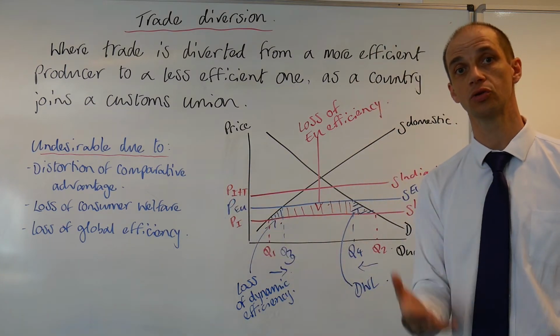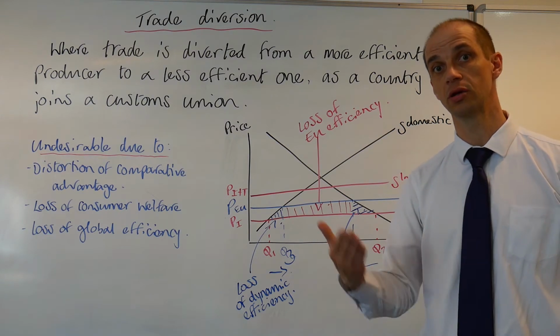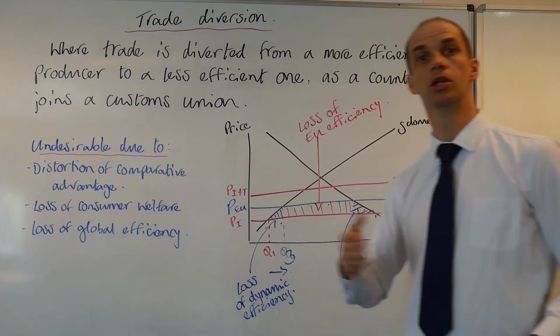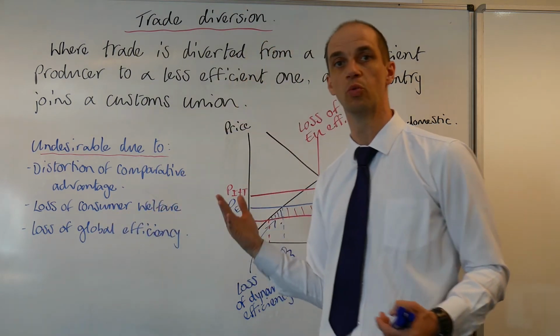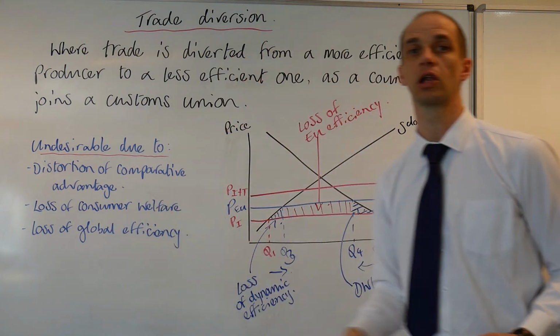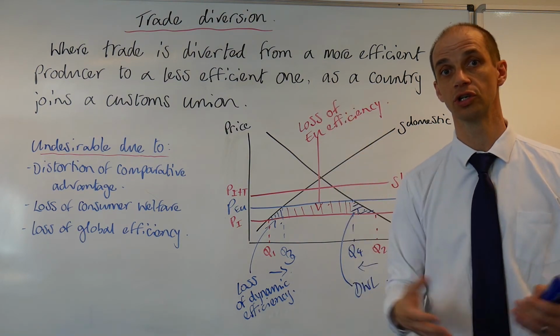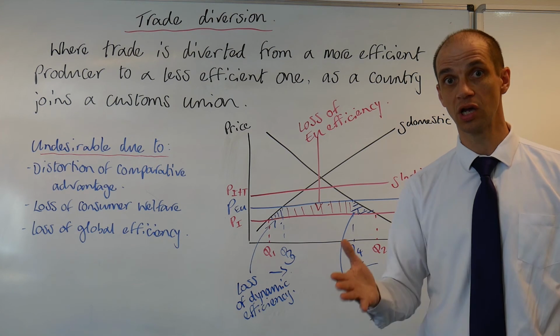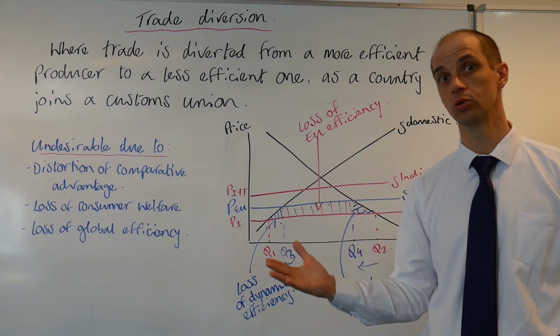It means a country with a much higher opportunity cost will actually be producing those given goods. That's not good news according to Ricardo's theory. There's a loss of consumer welfare and there's a loss of global efficiency that takes place as a result of trade diversion. The big question is, do customs unions cause trade creation or do they cause trade diversion?